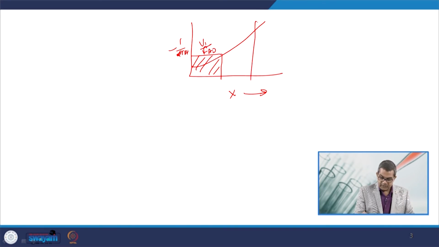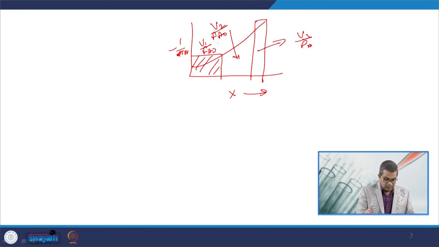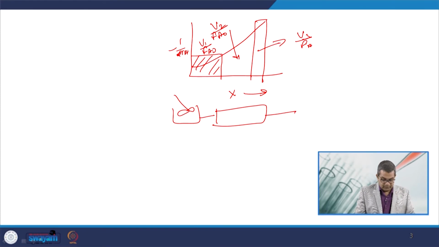Similarly, you may represent another mixed flow reactor, that is V3 upon F_A0. For your convenience, I am again giving you the battery of that particular reactor system.